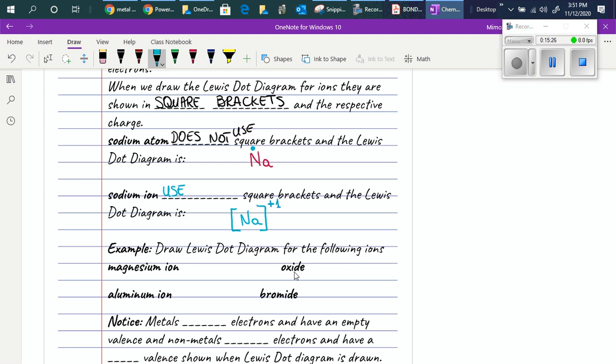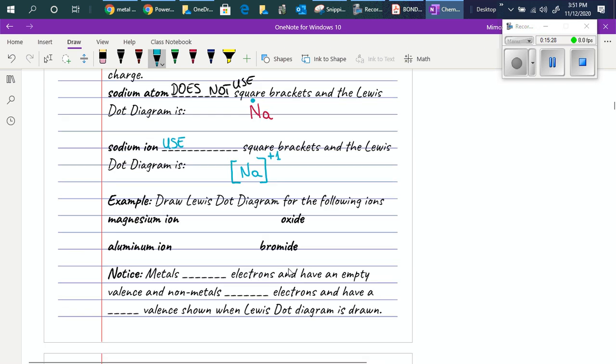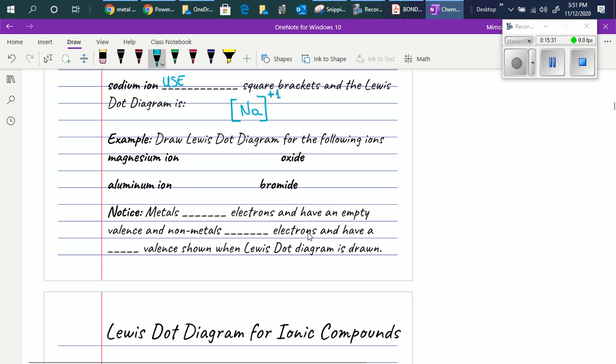Okay, so let's see now how we can draw the Lewis dot diagram for the following ions. Magnesium is in group 2. So the Lewis dot diagram for the magnesium ion will be the symbol, which is Mg, and since it is in the second group, it will be losing 2. And aluminum will be losing 3, so aluminum will be 3+.